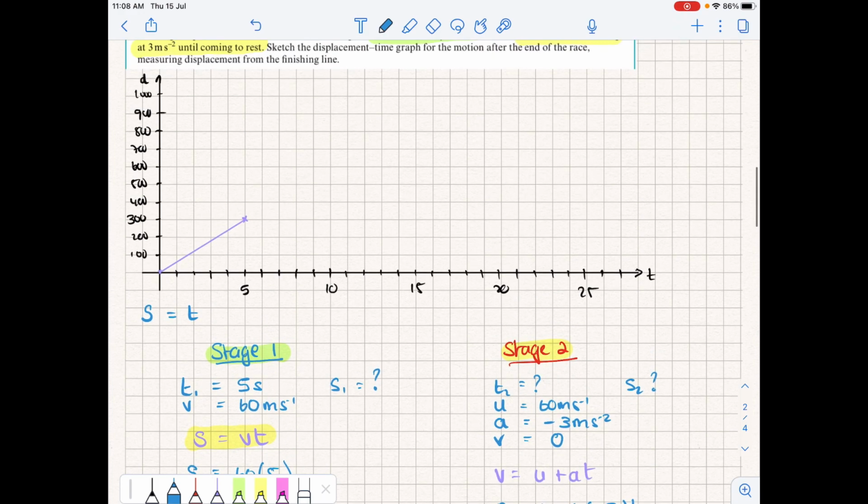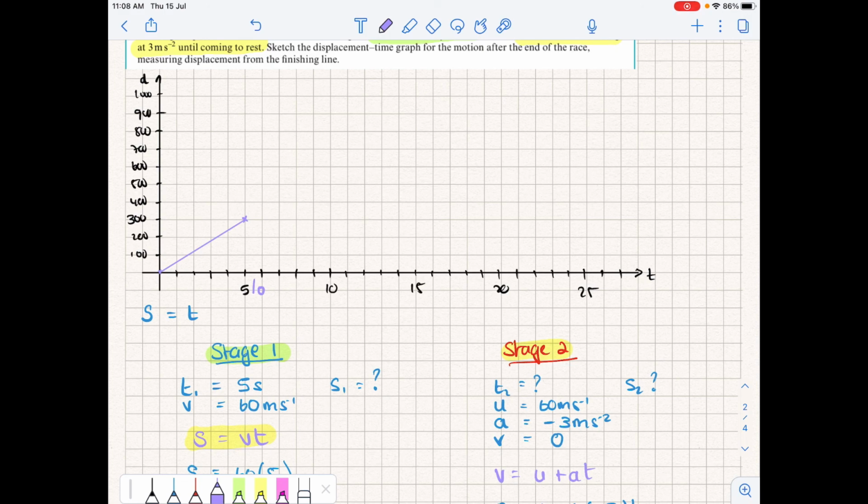If we completely ignore the first 5 seconds and pretend for a second that this was the starting point, our displacement after that time would be 600 meters.